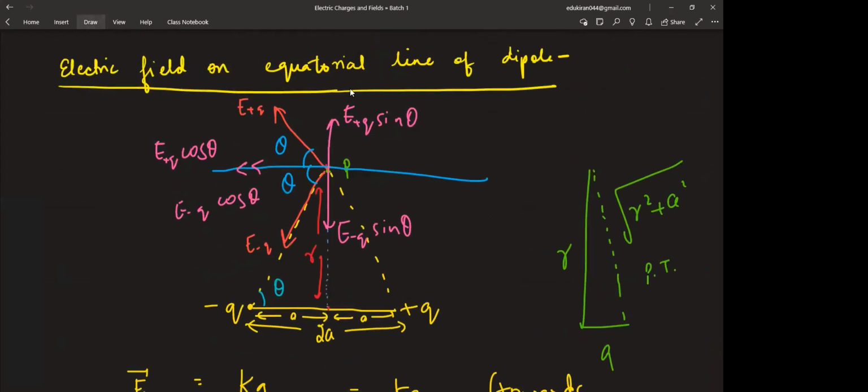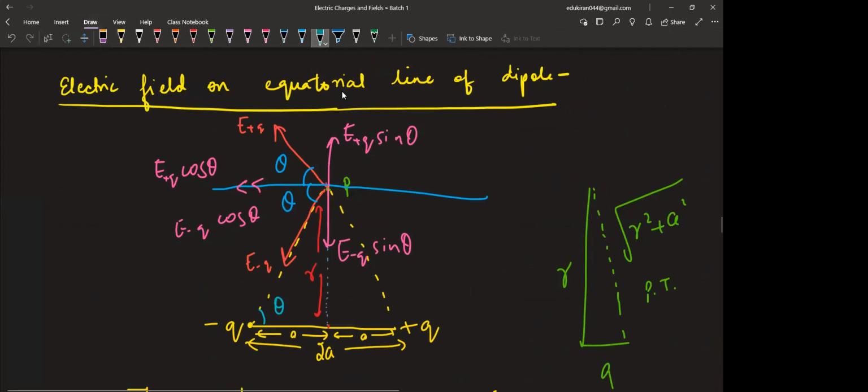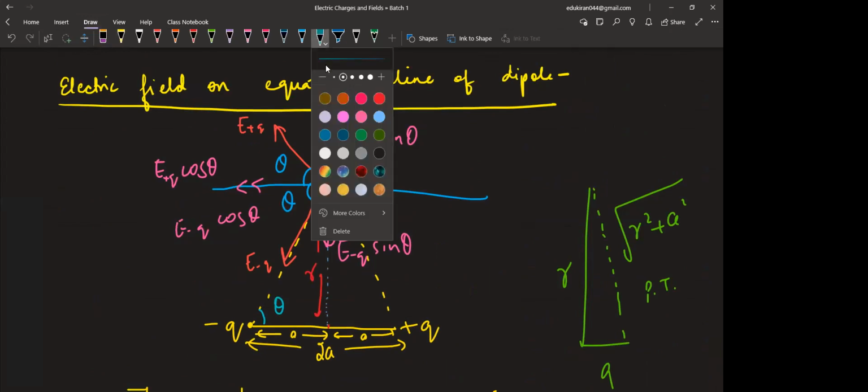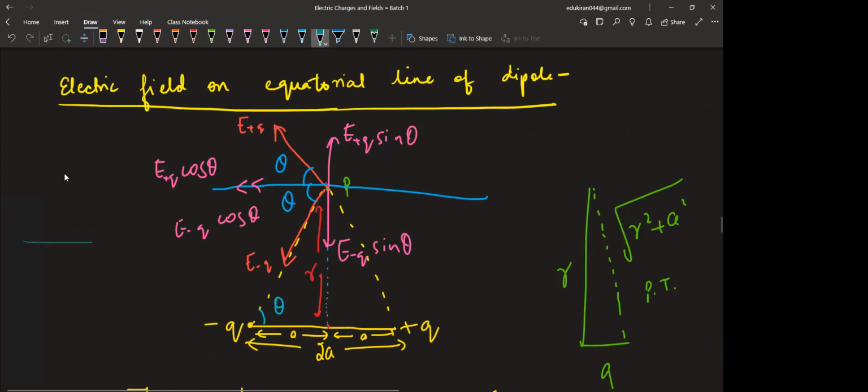One more thing, class. If you do not know about this, see class, when we have to resolve the vectors, suppose this is a vector A, or let me take a more random direction.